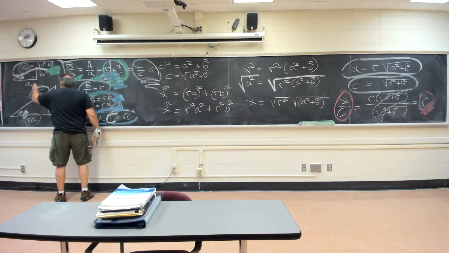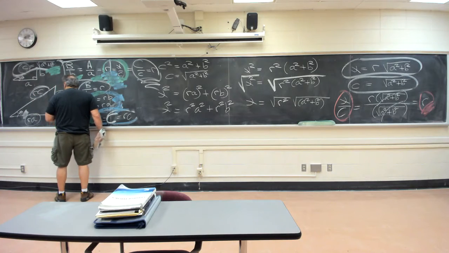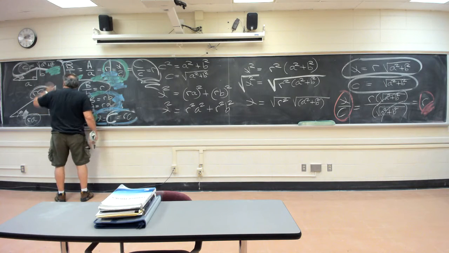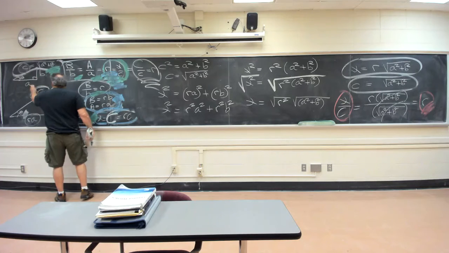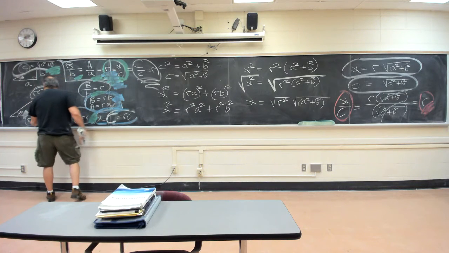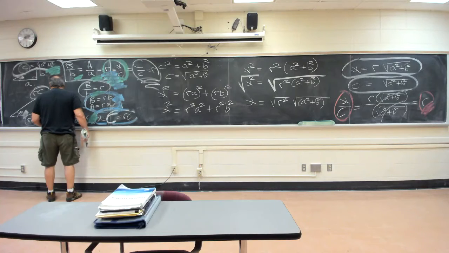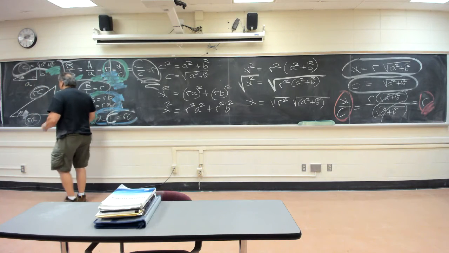The R's cancel, so it's the same as B over A. RA divided by RC is A over C, the same as this.